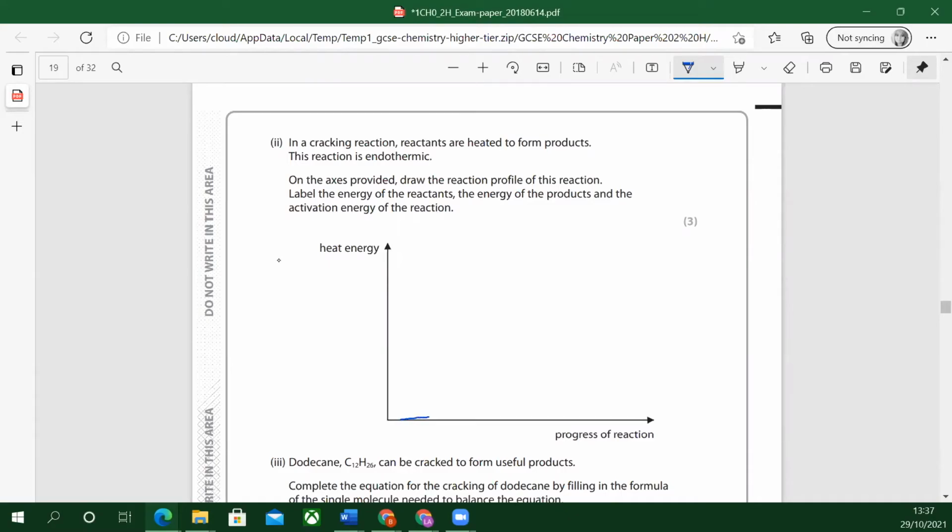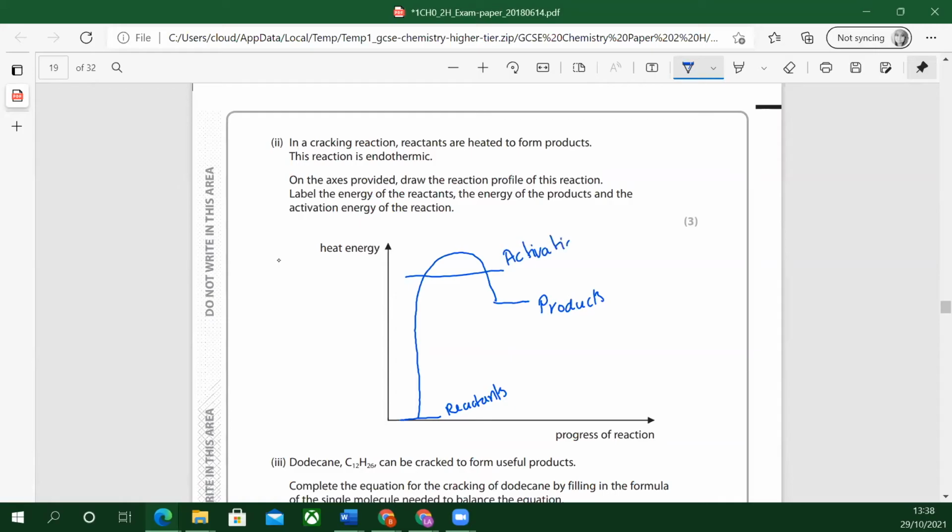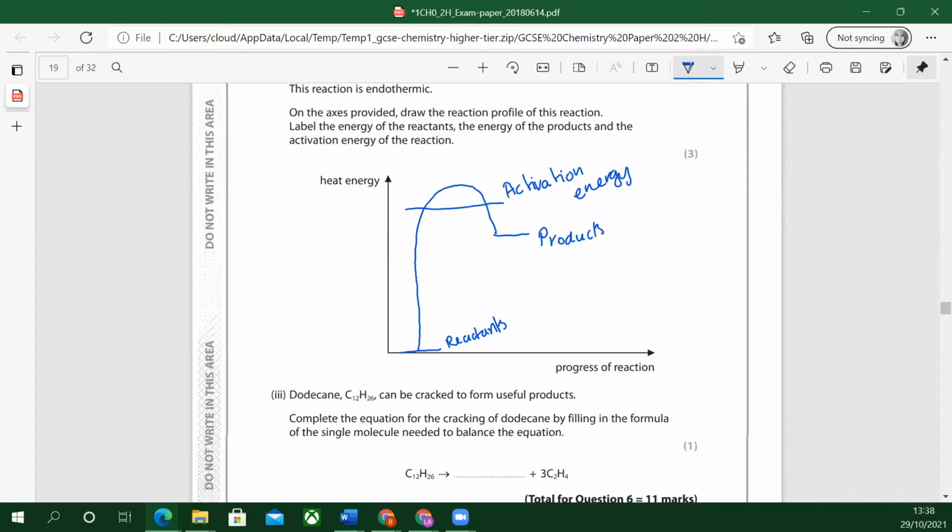We need the reactants, heat energy, then we have products, and the activation energy. The products are going to be higher than the reactants. The main thing there was remembering it was an endothermic reaction, so the products are at higher energy than the reactants.